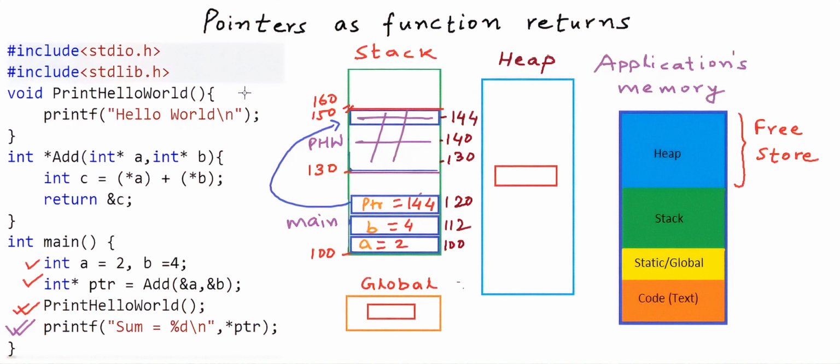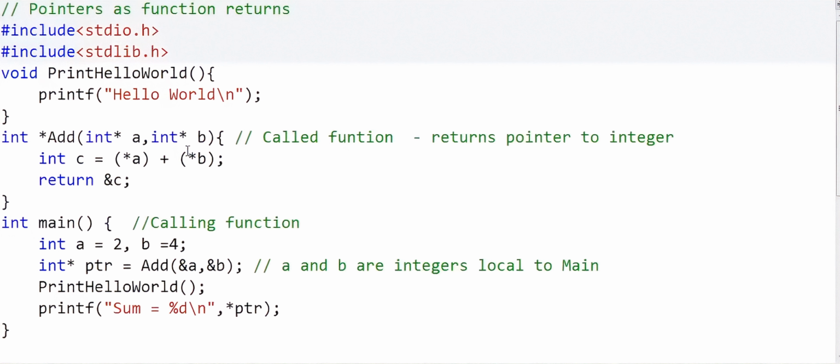I can use malloc, or the new operator in C++, to get some memory on the heap. So if I modify my code something like this, I will declare c as a pointer to integer and get some space allocated on the heap using a call to malloc. Now malloc is a library function that returns a pointer to an address which is on the heap.